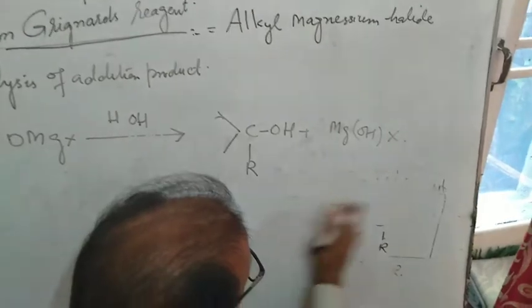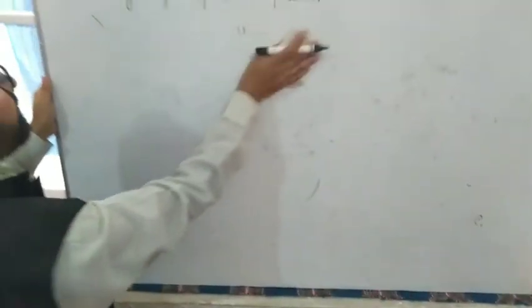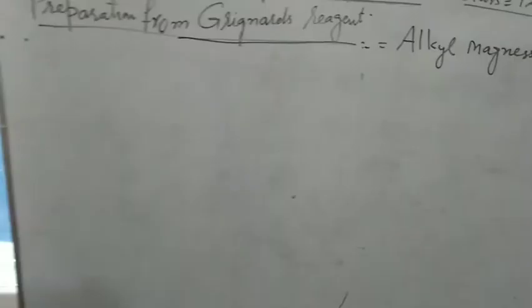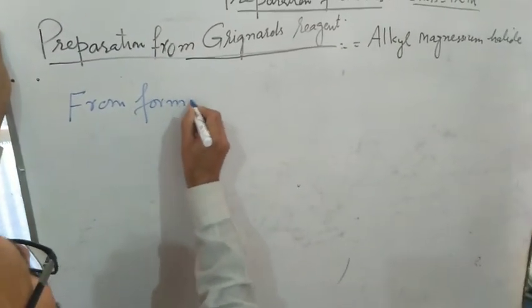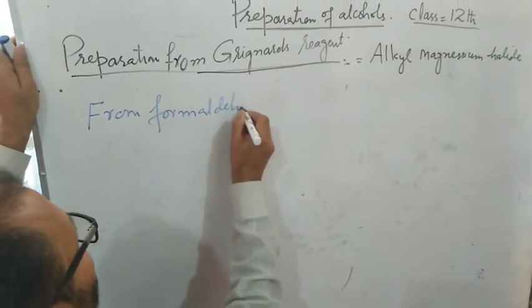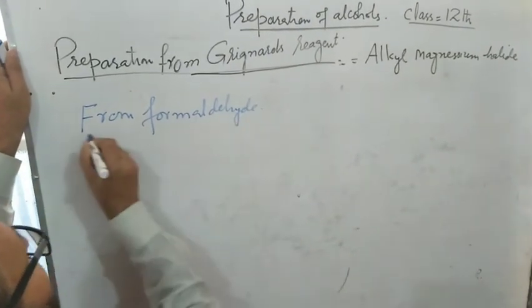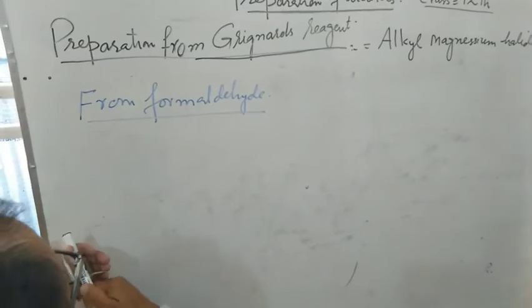Now let us write the reactions. First I take formaldehyde. I will write formaldehyde, this is the first aldehyde.